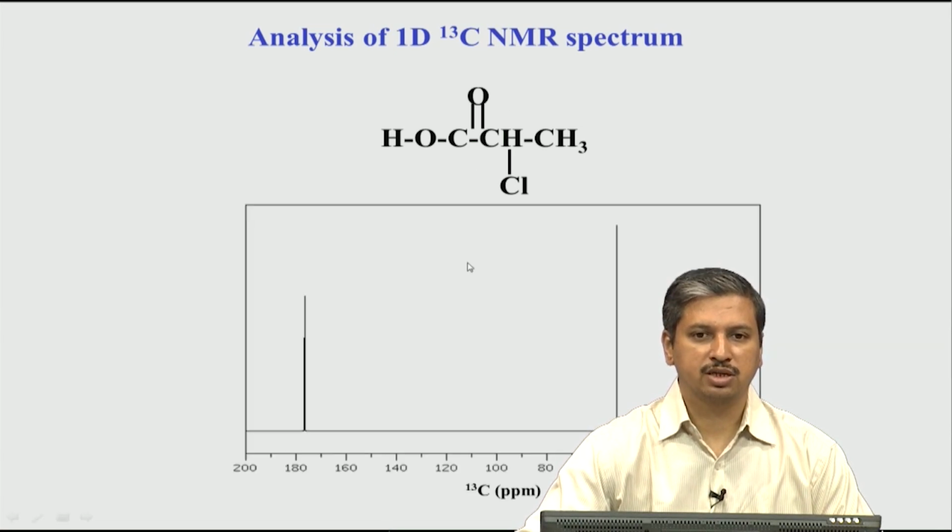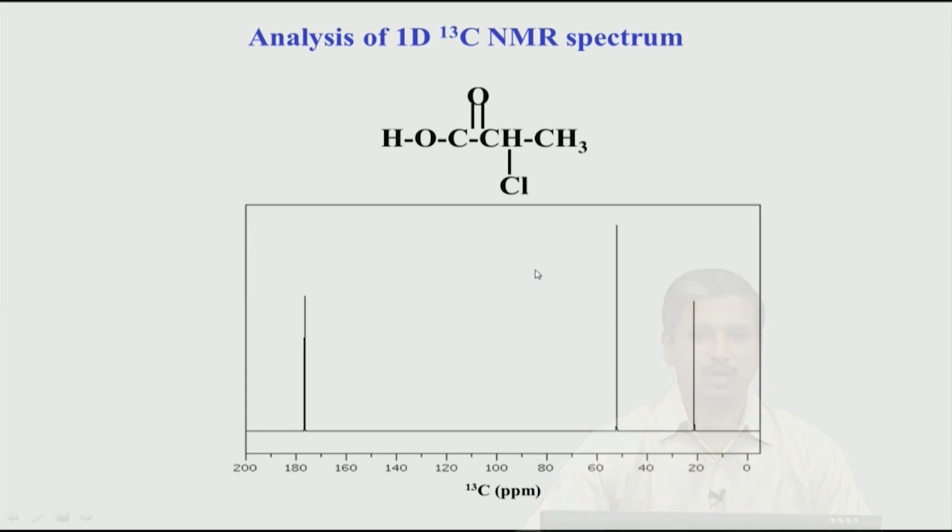Let us see the spectrum of this molecule. Here you can see again there are 3 types of carbon. There is this methyl carbon, this is the CHCl carbon, and this is the carbonyl carbon of the carboxylate group, and therefore it is coming at this position.